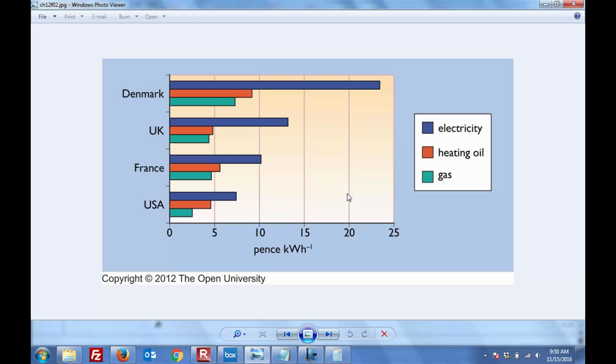If you were running a generator in, let's say, Antarctica, the same energy is going to cost you even more. It's how far you are from these different sources. I don't know exactly why electricity is so expensive in Denmark. I know that a lot of their electricity comes from wind, and I don't know exactly what their storage looks like there, if they're doing pumped hydro or battery, but that can tend to drive prices up.